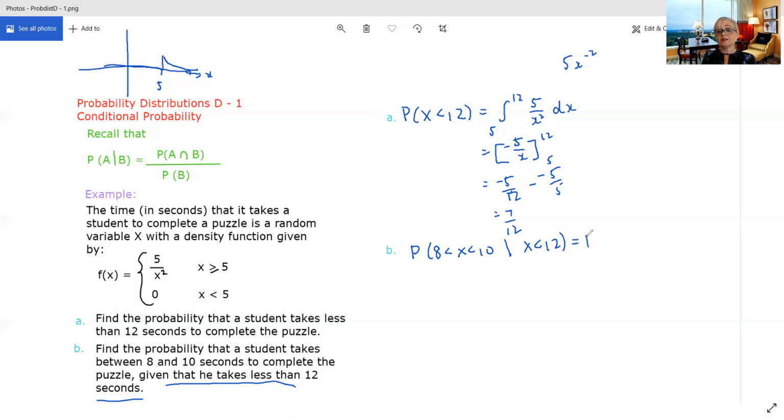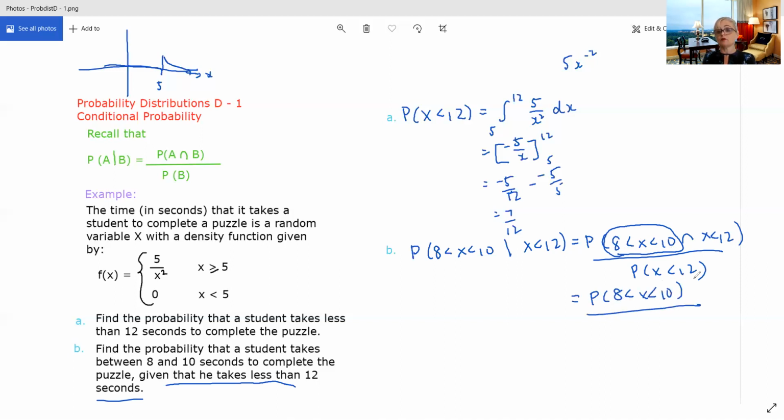Well, it's going to be the intersection, 8 less than x less than 10 intersecting with x less than 12, divided by the probability x less than 12. Well, 8 less than x less than 10, all of that intersects with less than 12, doesn't it? So it's going to be this probability divided by, and we've already worked this one out, 7/12.